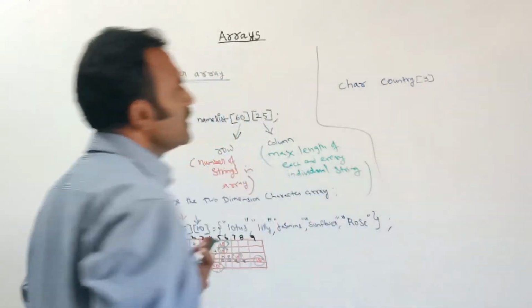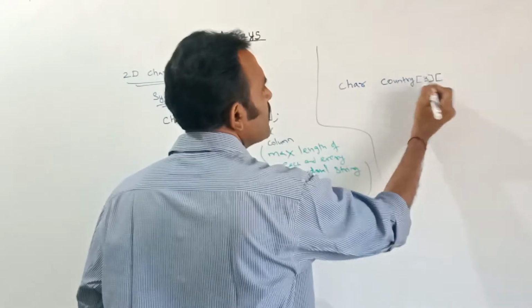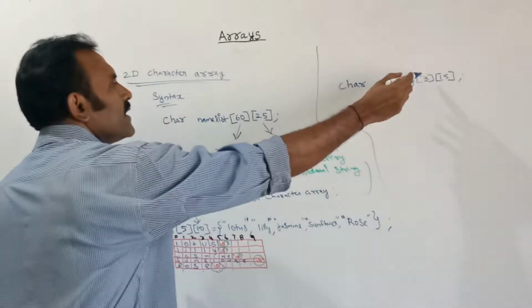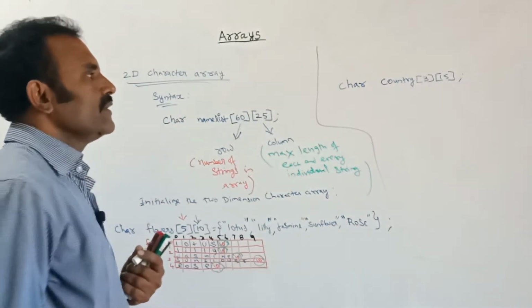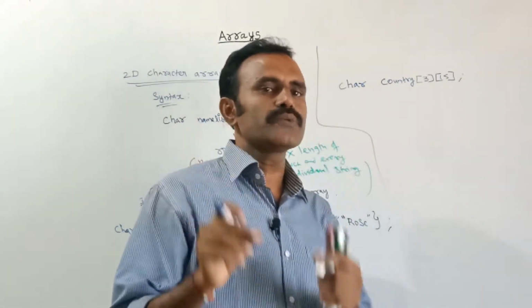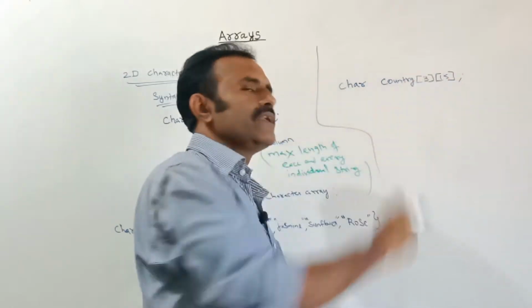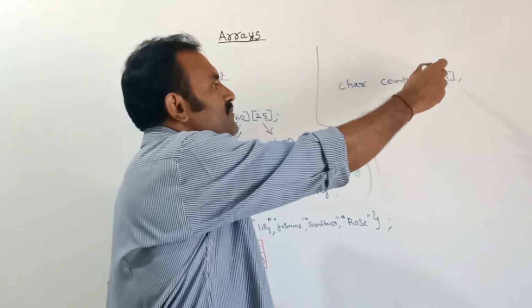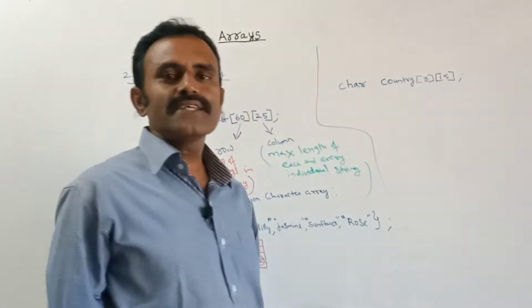I am assigning 3, after that 15. That means I can store 3 countries to the array. Each and every country name, its length should be within 15. So I have declared here the maximum size of the second dimension, the length, as 15.